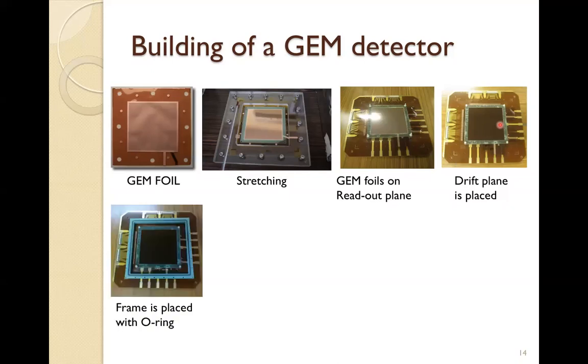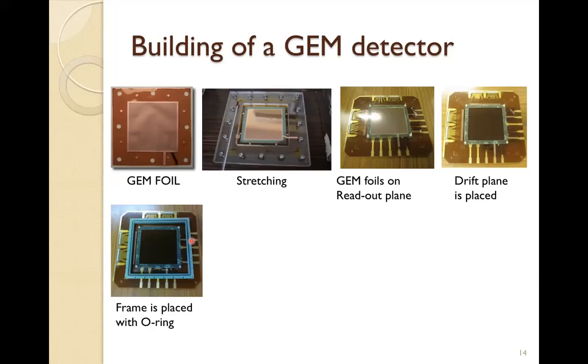GEM plane. Now you can see I have placed this frame, and you should keep in mind that on the bottom also, because this is a hard surface and I am placing this frame which is another hard surface, I have used 1 O-ring at the bottom as well. So I have placed the O-ring, and on the top also I have placed this O-ring.